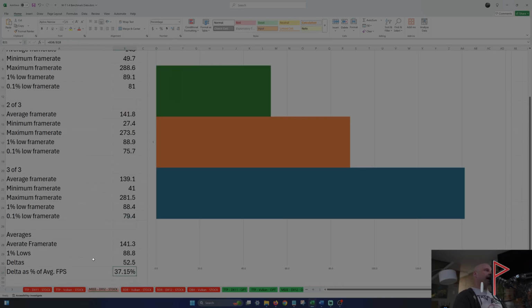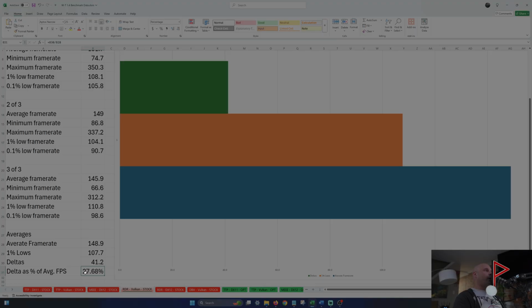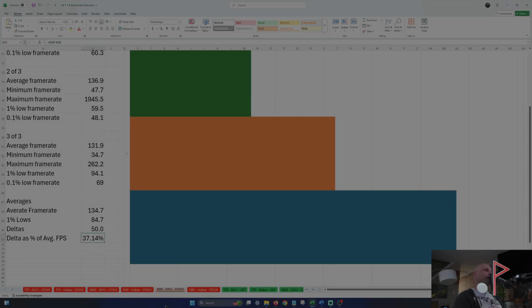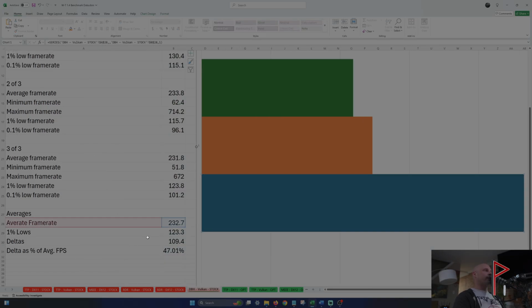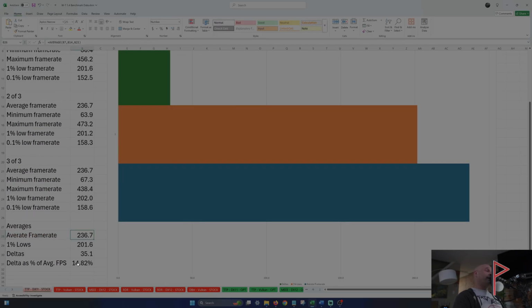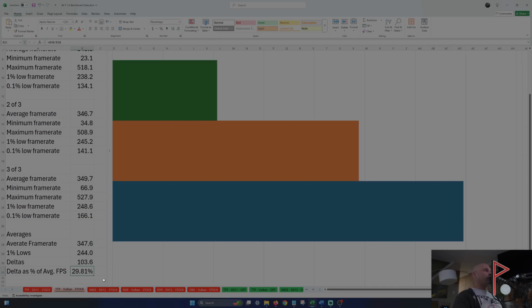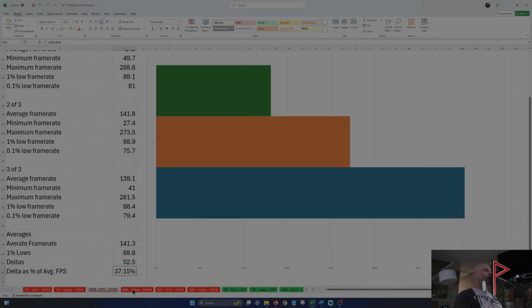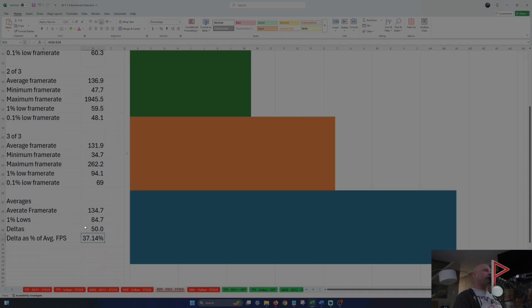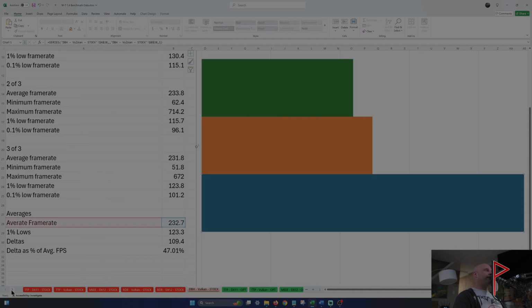Metro Exodus DX12, 40% delta. Red Dead Redemption 2 Vulkan, 30% delta. Red Dead Redemption 2 DX12, 40% delta. And then you have Detroit Become Human, which is a 50% delta. These are all your stock configurations, okay? 15%, maybe a bit of an anomaly there. 30%, 40%, 30%, 40%, 50% delta.